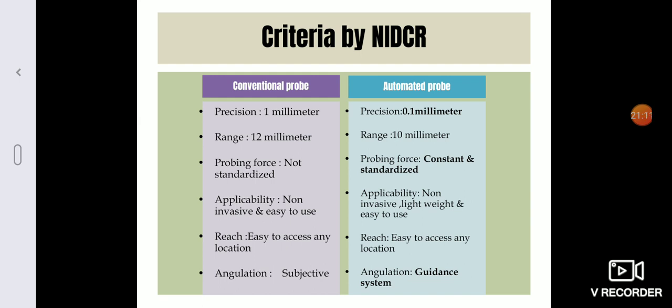With a conventional probe there are a lot of variations in the angulation, and it is subjective, meaning it is variable according to the person who is performing the probing. Whereas with an automated probe, a guidance system is provided so that the probe is inserted every time in the same angulation or within the same range of angulation.